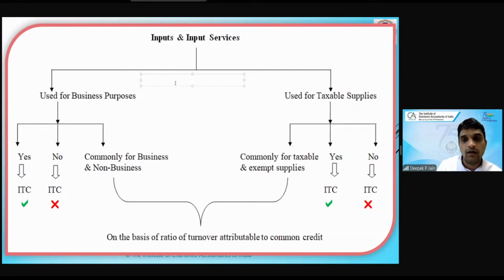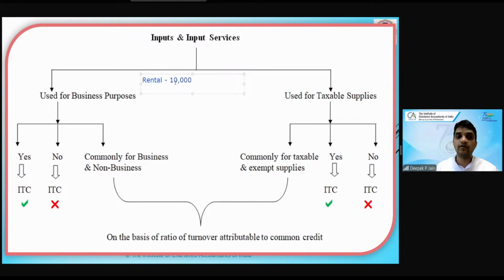Now, used for taxable supplies and non-taxable supplies. So what is happening? You have paid rent. You are a person who is having an office and you are having rental. On rental, you have credit of 10,000 rupees.